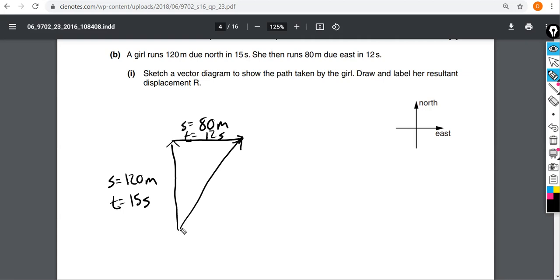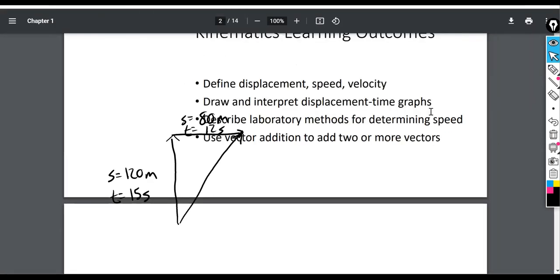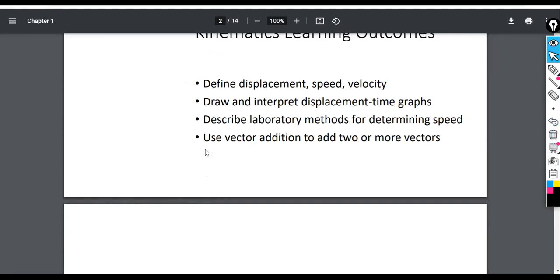And here's the general rule, because you remember you have a learning objective. Let's remind ourselves what that's all about. You have a learning objective to use vector addition to add two or more vectors. Exactly what we're doing here.